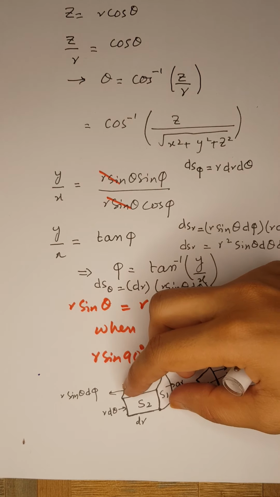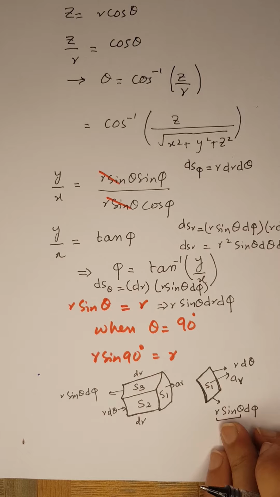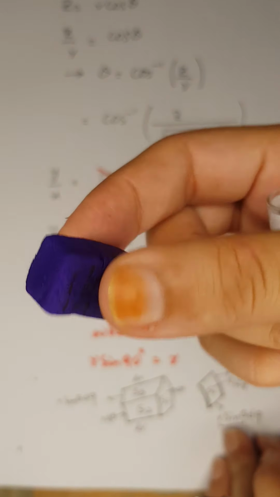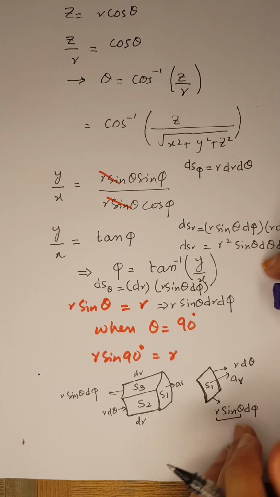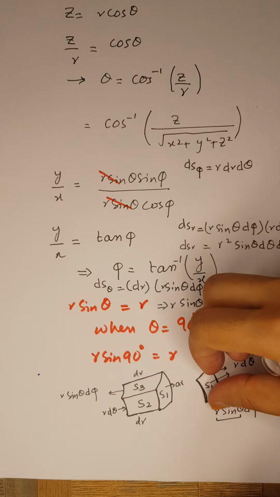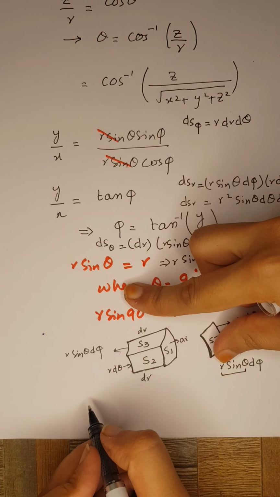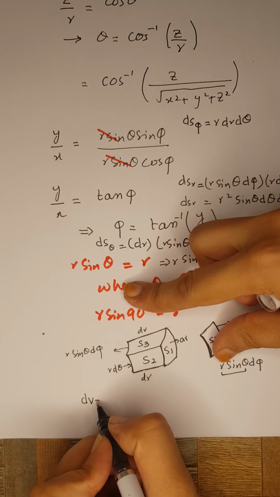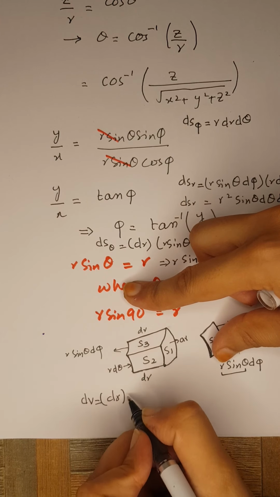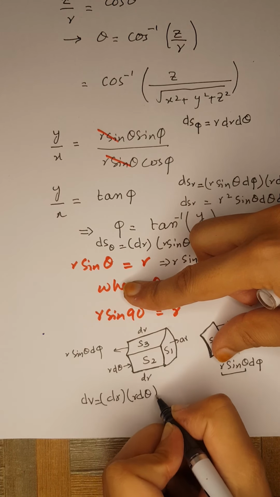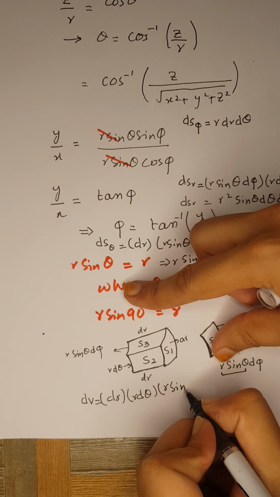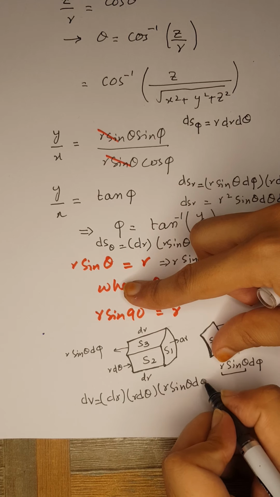Now what would be the volume of this small patch that we obtain of a sphere? This small patch will have the volume equal to the product of all its lengths. So the differential volume element will be equal to dr multiplied by r d theta multiplied by r sine theta d phi.